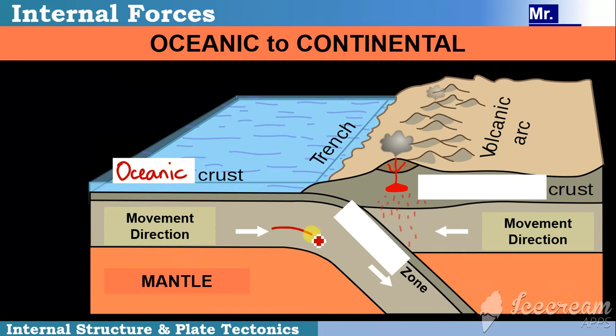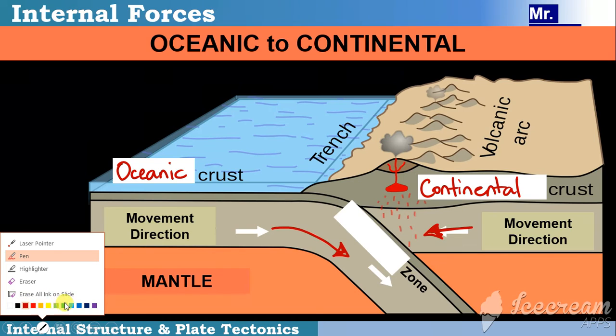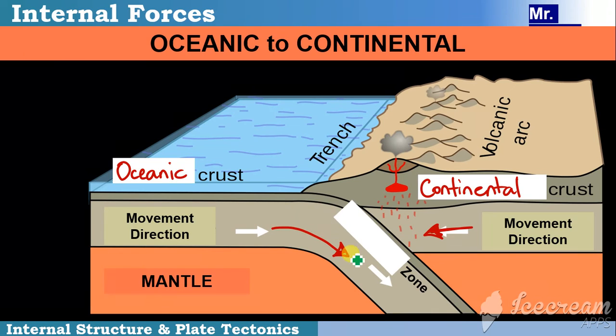Because this one is going down into the mantle. Then we have our continental crust over the right hand section because it stays on top of the other crust. And whenever we have these two meeting and one is going down into the mantle, we get a zone called our subduction zone.